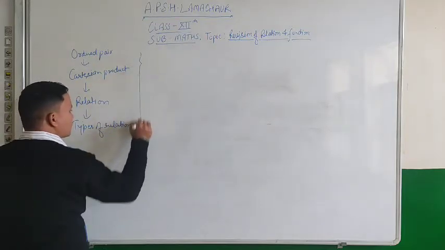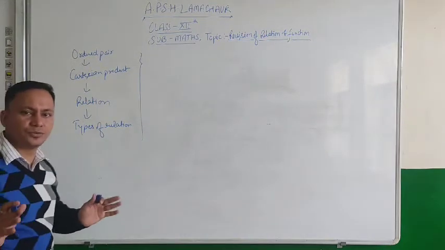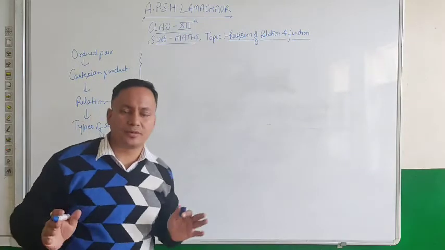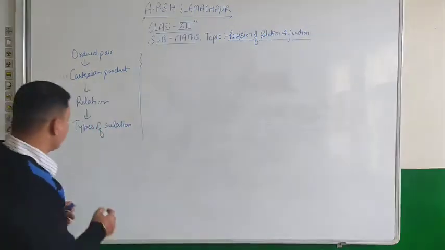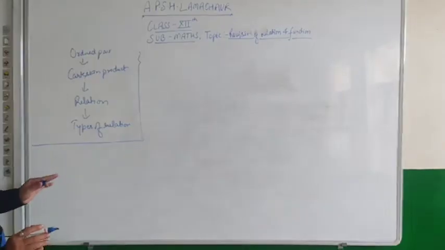This is the pattern which I am going to follow here, so that you will be able to understand the topic as well as your concept will be clear. And I will also take all the previous year questions in this video.